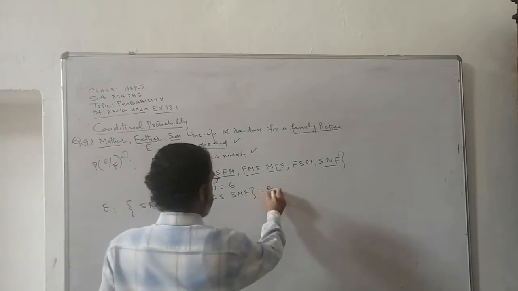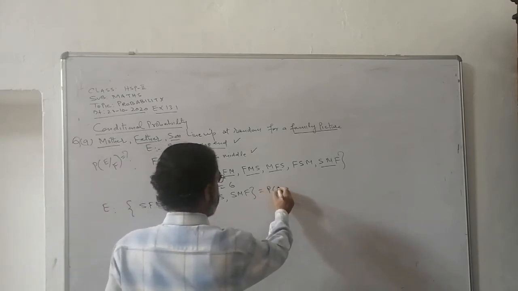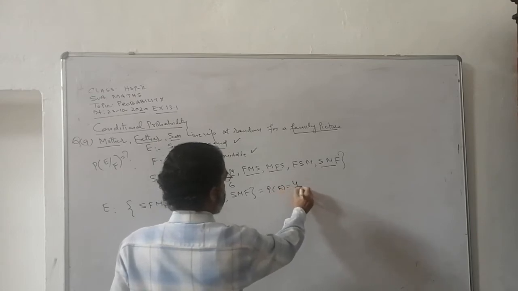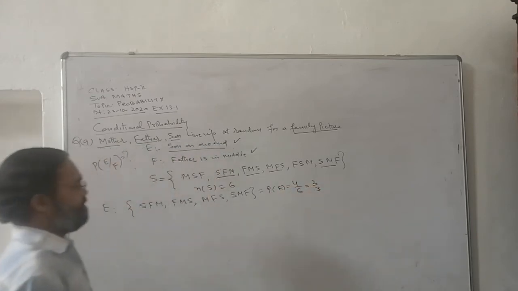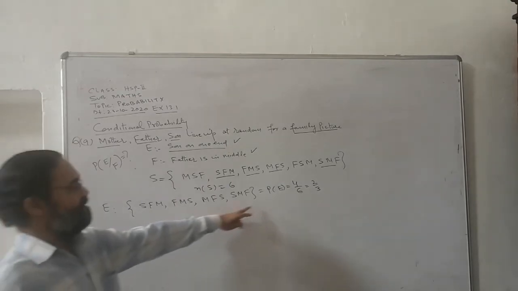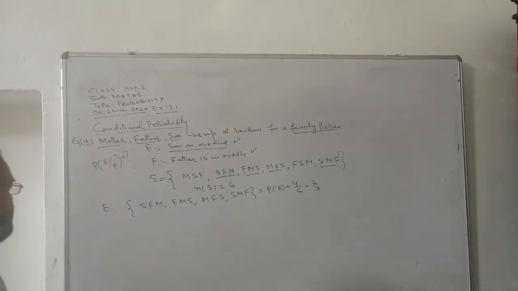So the probability of E will be favorable chances upon total chances. Favorable chances are 4, so this will be 4 upon 6.